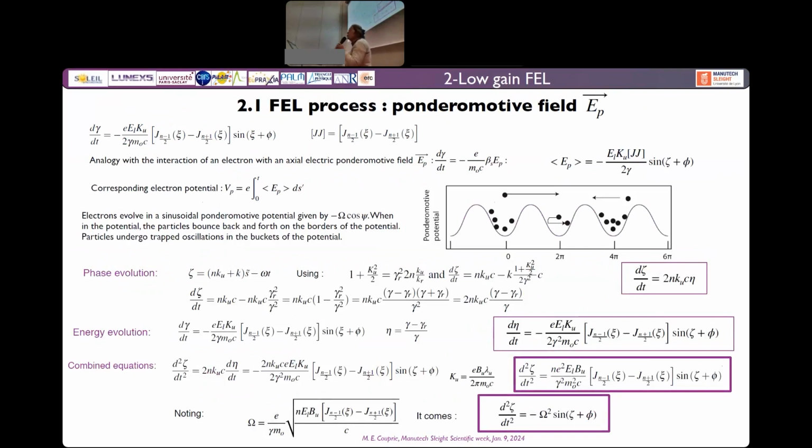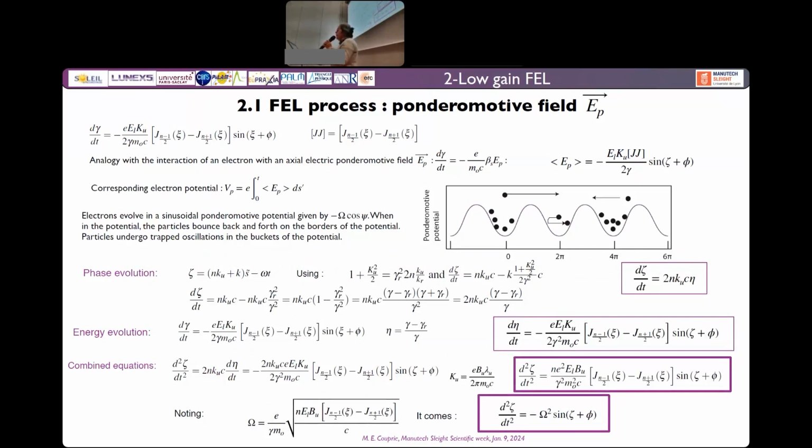So we can also consider the energy exchange, which has such an expression, and introduce a ponderomotive phase, ψ_p, which is defined by this expression. So it's another way of seeing the phenomenon of the free electron laser.